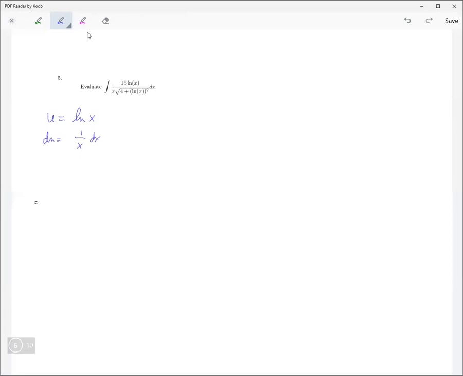And another thing is this right here, this du, is actually this and this. So all this gets changed into the du. (15u) over, and then all this is your du.